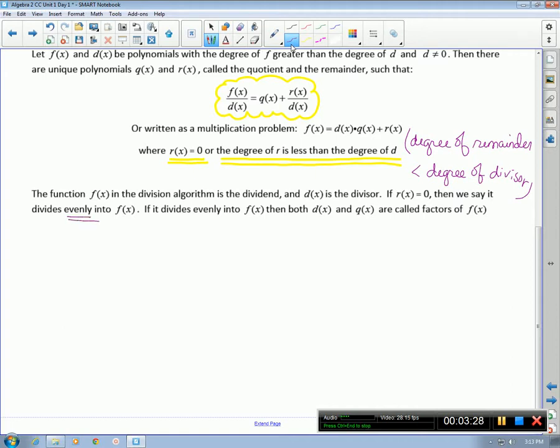When something divides evenly into another polynomial, we know that the remainder is 0. So, for example, let's take a real easy one, x squared plus 6x plus 5. If I divide that polynomial by x plus 1, so let's factor that numerator.